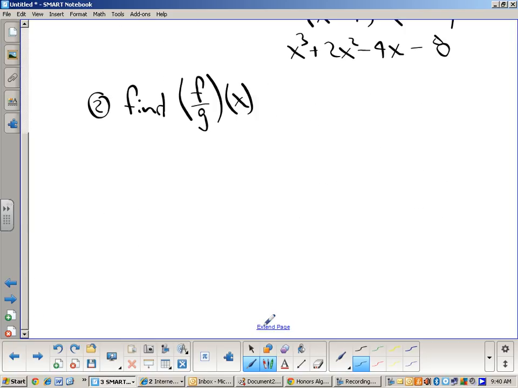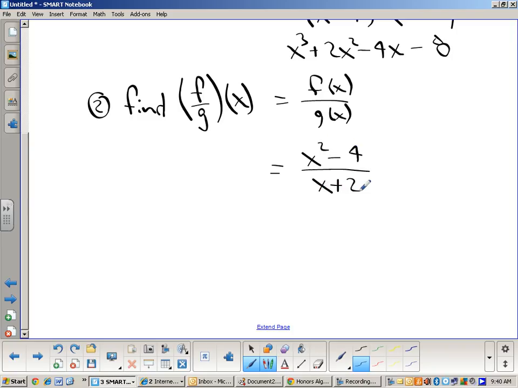Applying the definition, we get f of x divided by g of x. So that's x squared minus 4 over x plus 2. Now, how can I divide that? Can't you not because your x is squared?